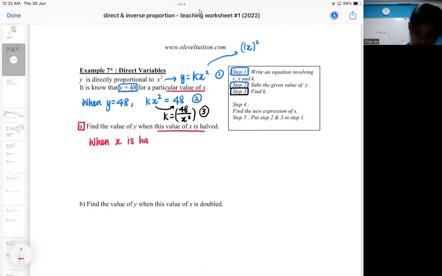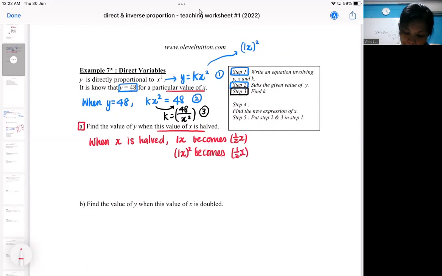the idea here is, remember just now I mentioned 1x squared. That means 1x becomes half x, which also means that the 1x squared will become a half x squared.